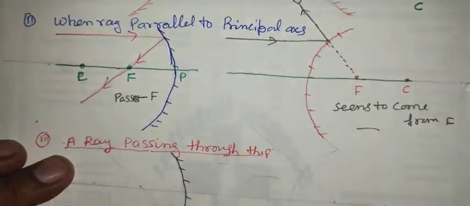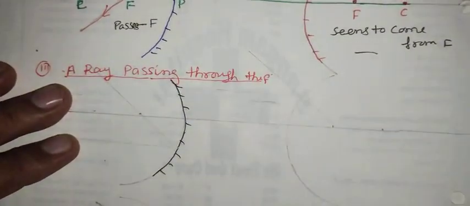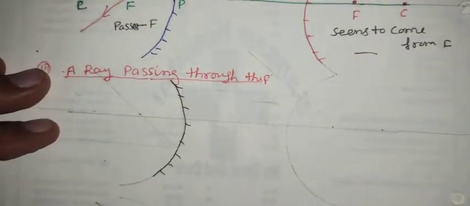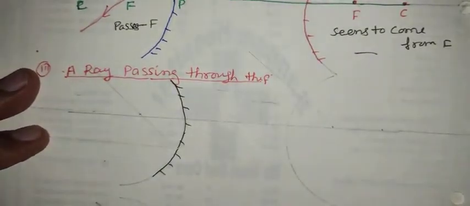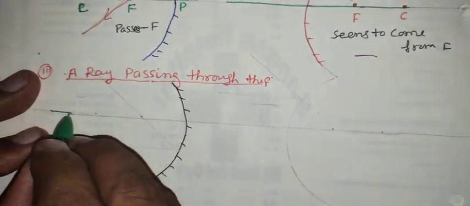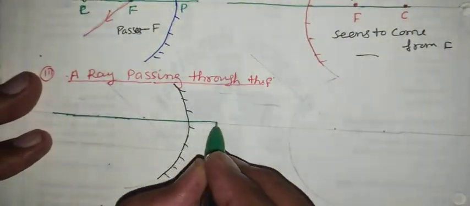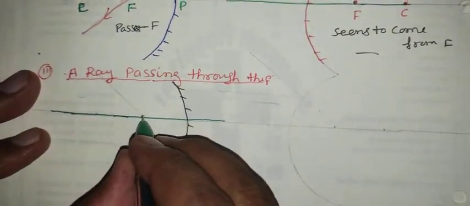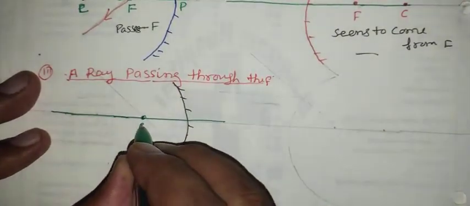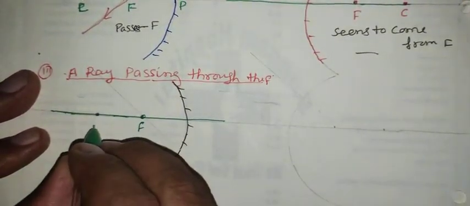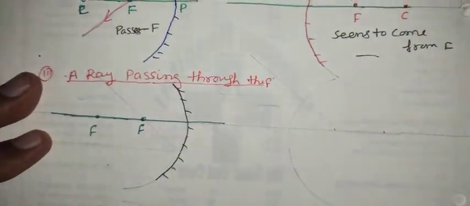Let it be a concave mirror, and take this as the principal axis. On the principal axis, take this as the focal point and the center of curvature. Now see the ray of light.